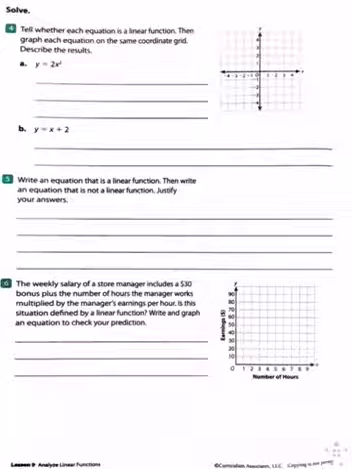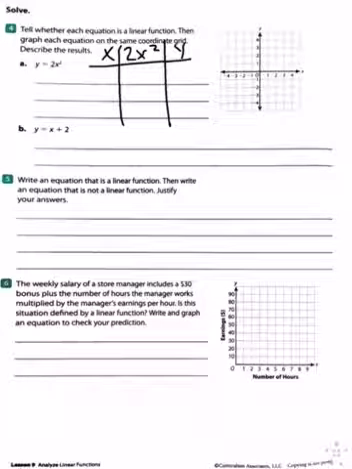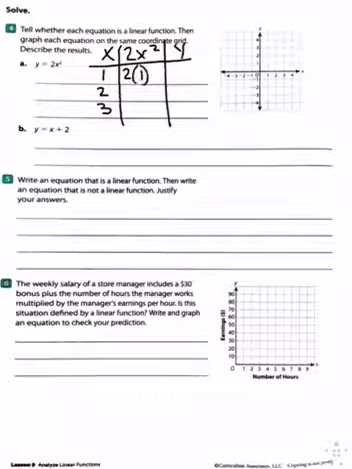Now I'm going to go back up to the top problem in number 4 and graph those equations because I didn't do it earlier. I have to make a table of values. So I'm going to start with x. My equation goes in the middle, and y goes on the outside. So I'm going to use the numbers 1, 2, and 3. So in the middle, I'm going to do 2 times 1 squared. 1 squared is 1 times 1, which is 1. 2 times 1 is 2.